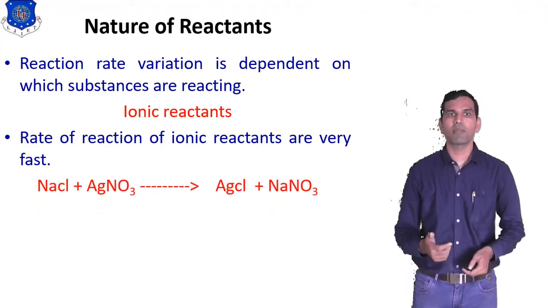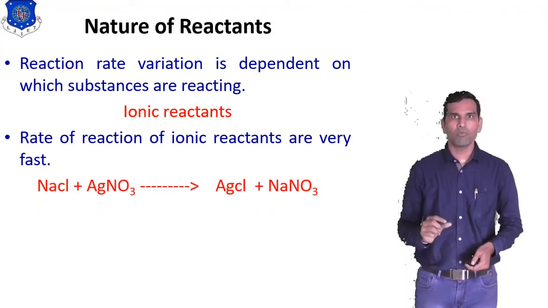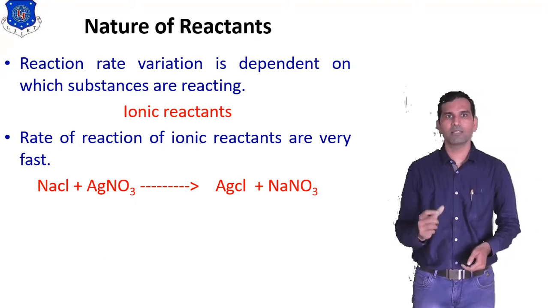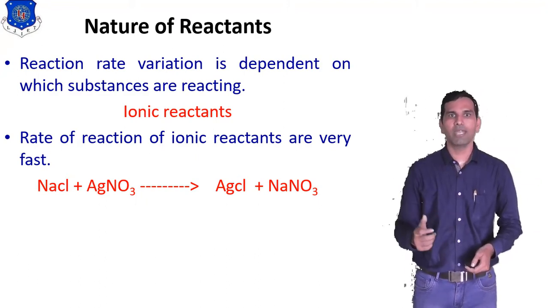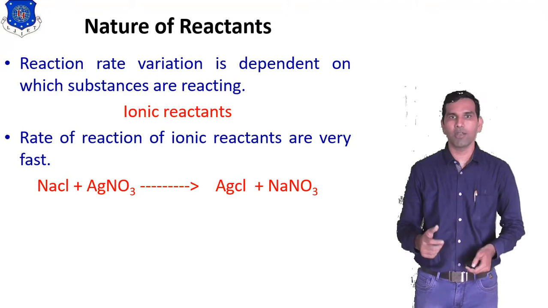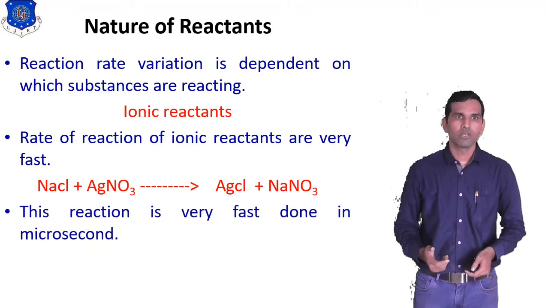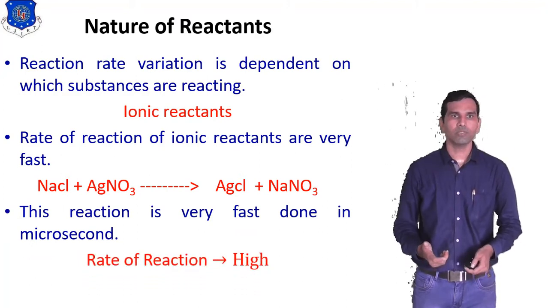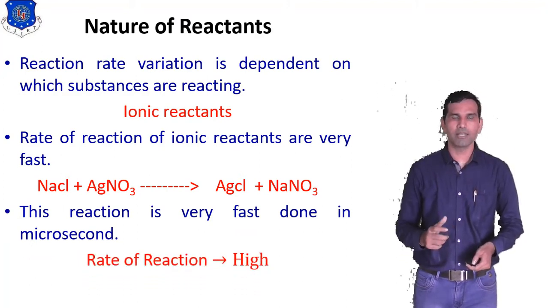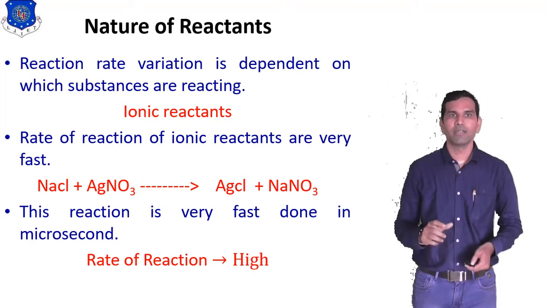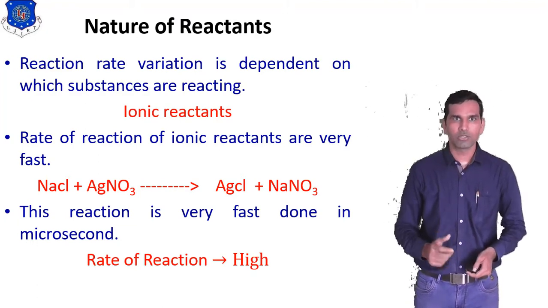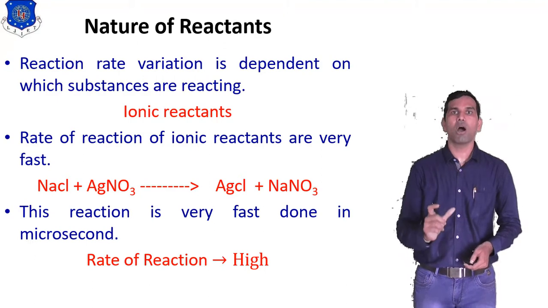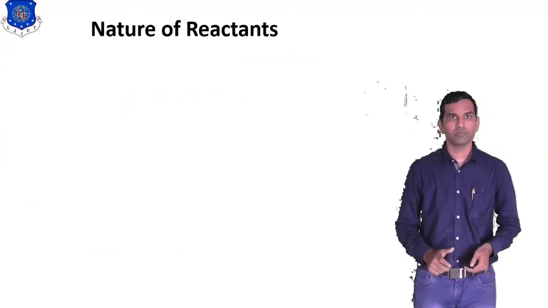When we add NaCl plus AgNO3, we get AgCl plus NaNO3. This reaction is very fast, done in a microsecond. So the rate of reaction is very high in the ionic reactant. So it depends on the nature of reactant.